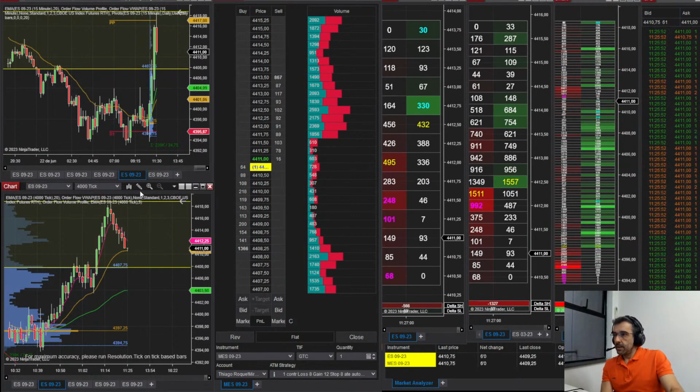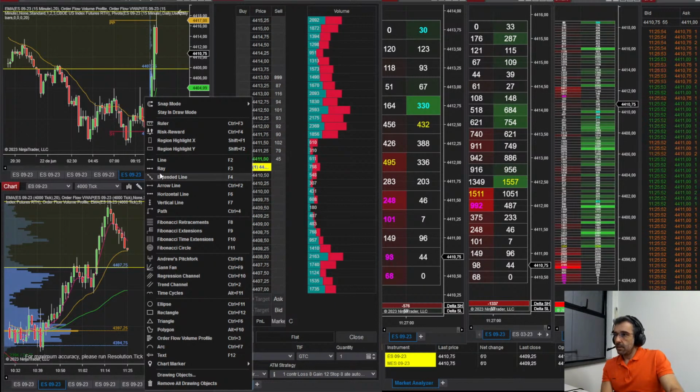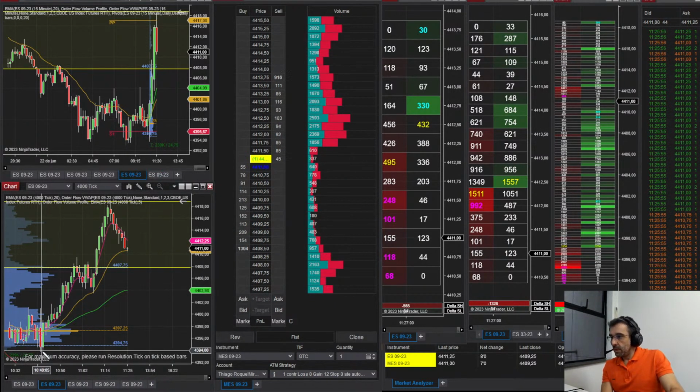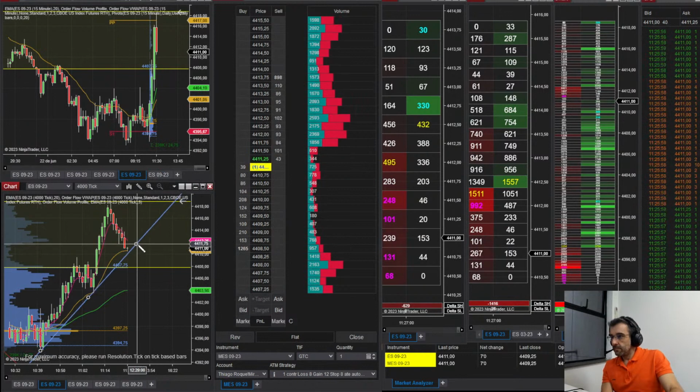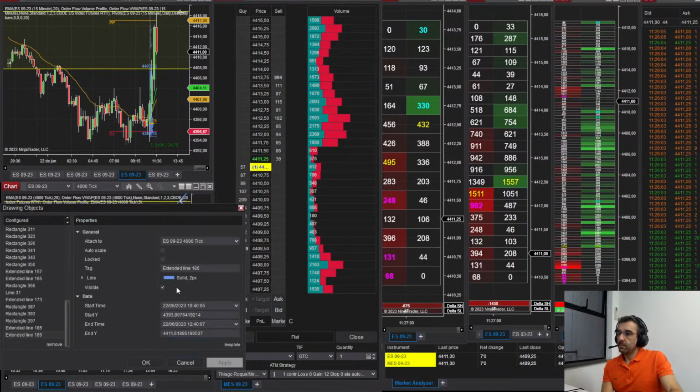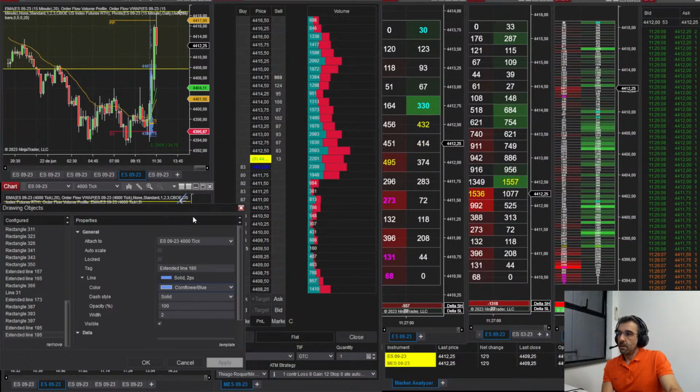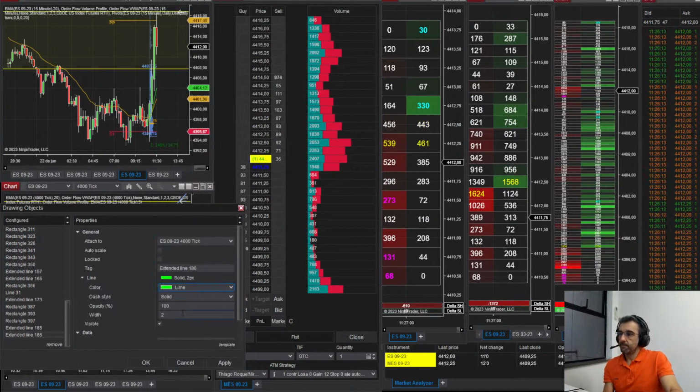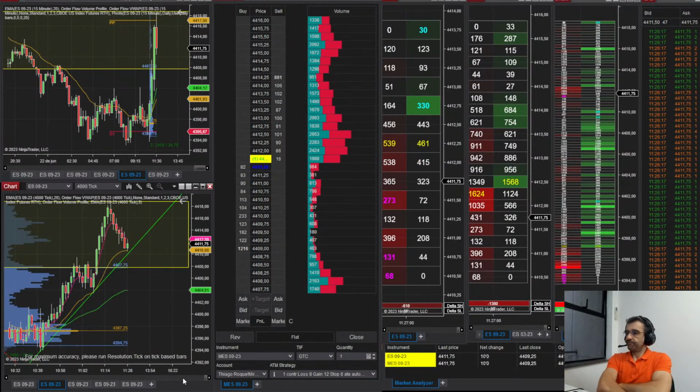Let's see. I'm just seeing another line here. Let me put my green. It reached, I've mentioned the 1050, that was the moving average.